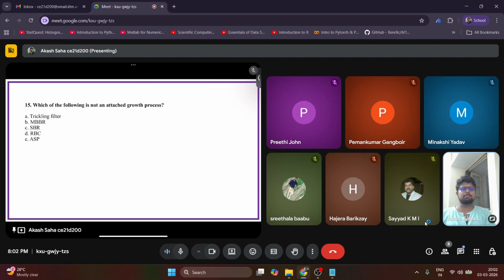In MBBR we add some plastic media for the microbes to grow, because it's a moving bed biofilm reactor. And in RBC we have rotating biological contactors, a system on which the biomass grows. So options C and E are correct.